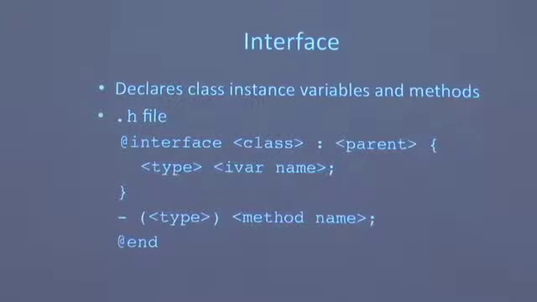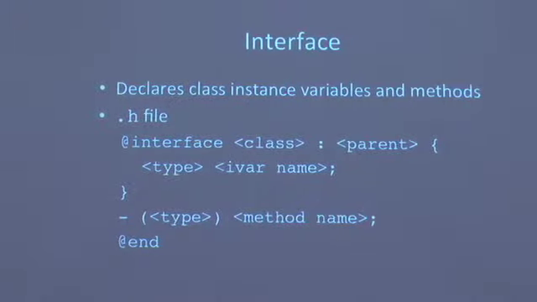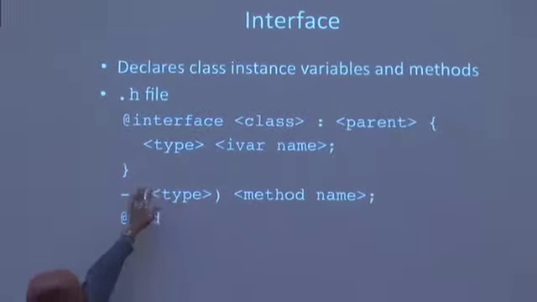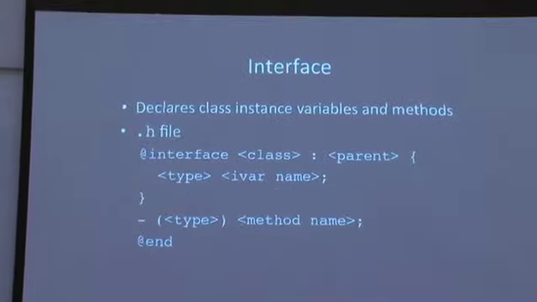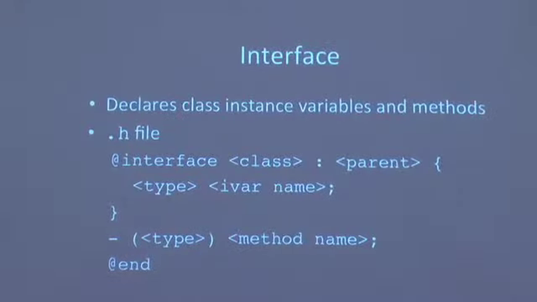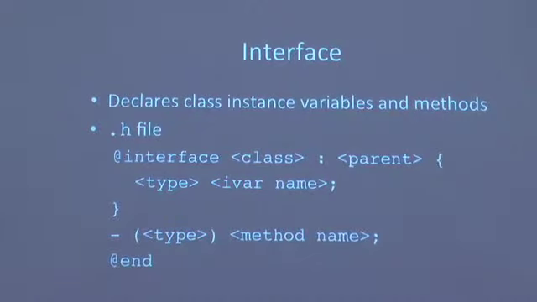We have @interface, class name, whatever parent. So if you're subclassing from something else, you can define the parent. You'd have a number of instance variables, which would have a type and then a name. So your instance variable might be an NSString to store the name of an individual, or an int to store the age of an individual, as in our case.